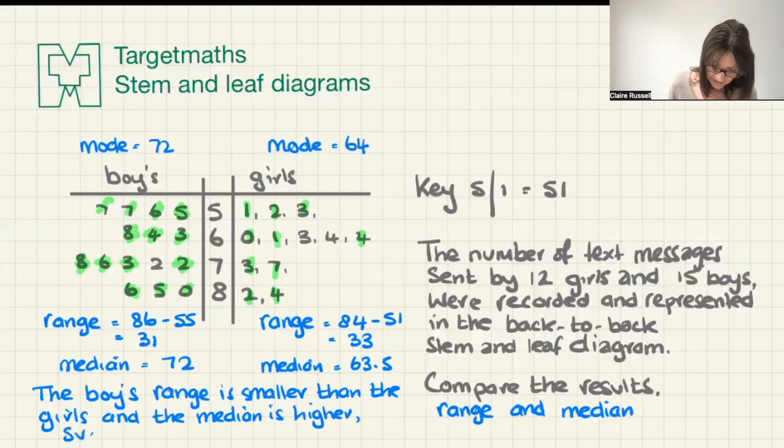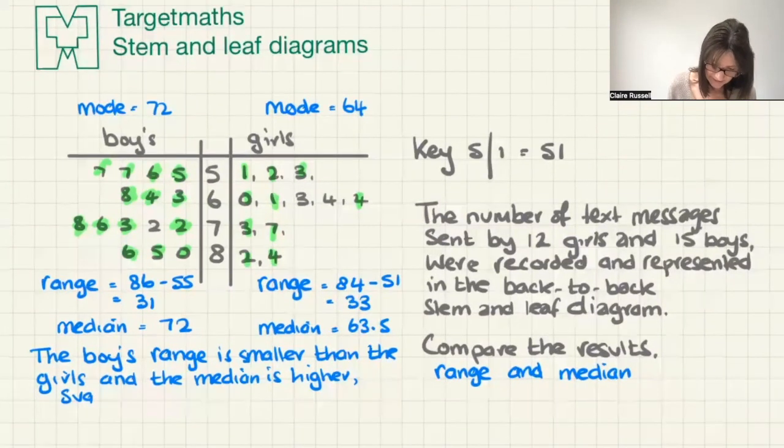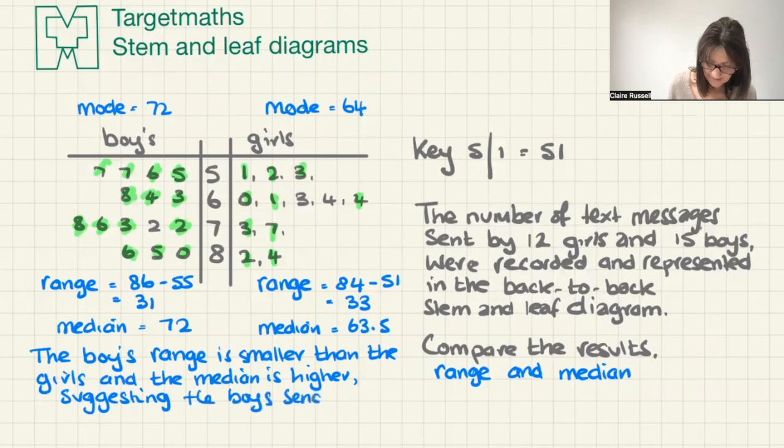Suggesting, actually, let me just scroll up. I don't need to squash, do I? Suggesting the boys send more texts.